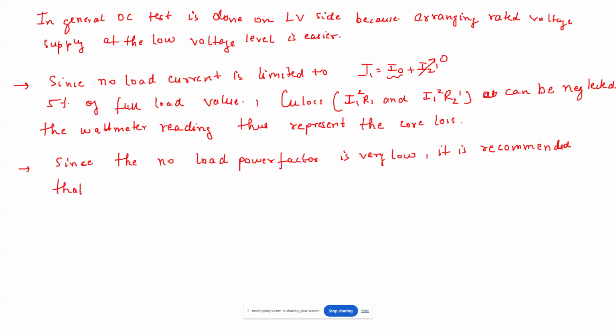In your college laboratories you will see there are two types of wattmeter: low PF wattmeter and UPF wattmeter. We will be using the low PF wattmeter for taking the power reading in the open circuit test.